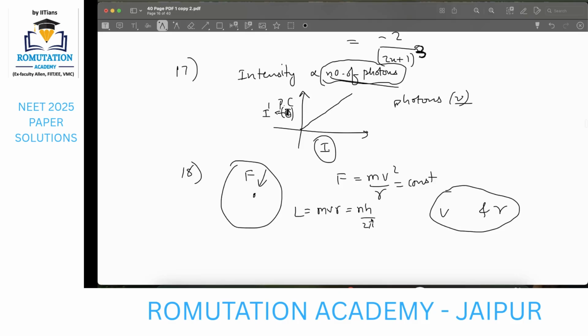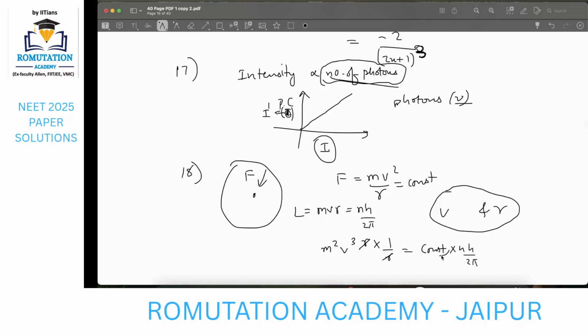So if I want to solve any of these, I can easily solve. So how to solve, let's say, about the v? I think I can just multiply these two together. So m square v cube, r by r will get cancelled, right? Nothing else otherwise seems to be there. So constant multiplied by nh by 2 pi.